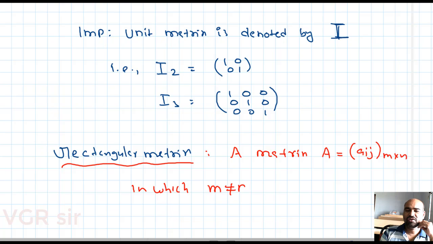The number of rows is not equal to the number of columns. Such a matrix is called a rectangular matrix. Okay, 2, 3, 4, 5, 6, 7. This is an example of a rectangular matrix. So what happened now? 2 rows and 3 columns. The number of rows is not equal to the number of columns.